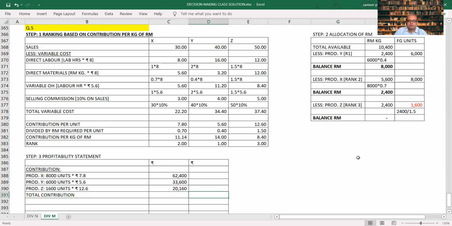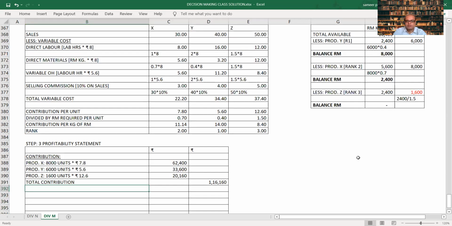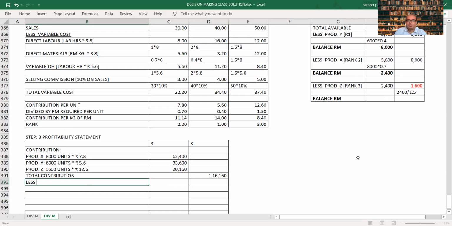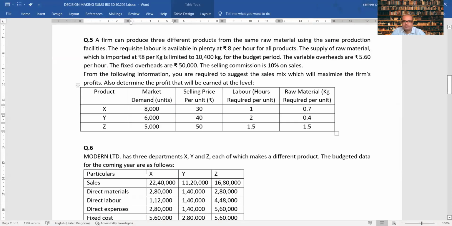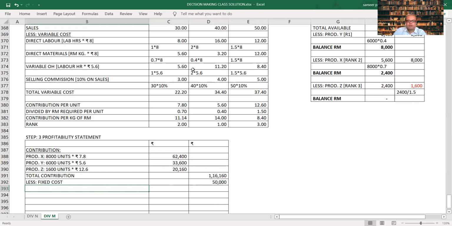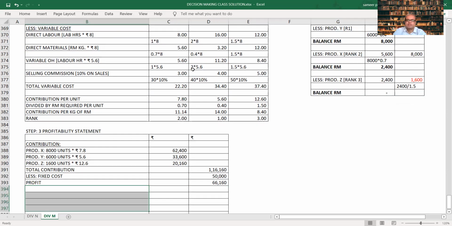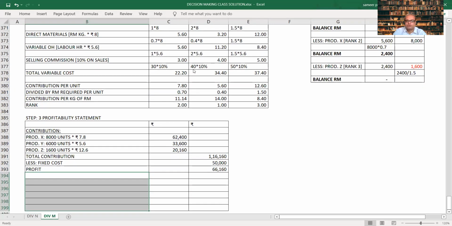Total contribution 1,16,000. From that, reduce fixed cost. That is straight away given, I think 50,000. Yes, fixed overheads are 50,000. So we'll get profit 116 minus 50, 66,160. That is the end of our solution.